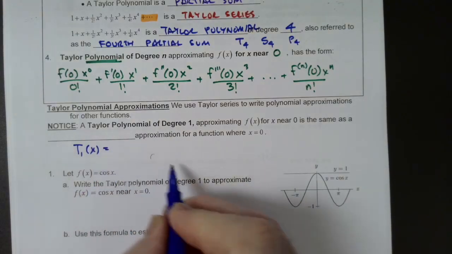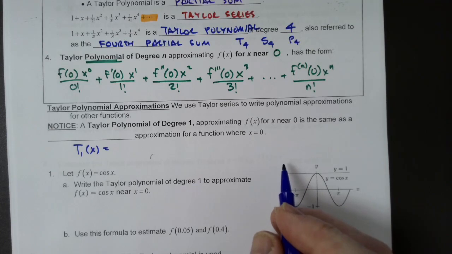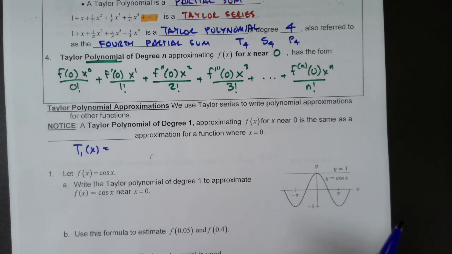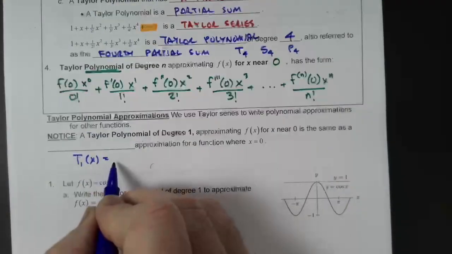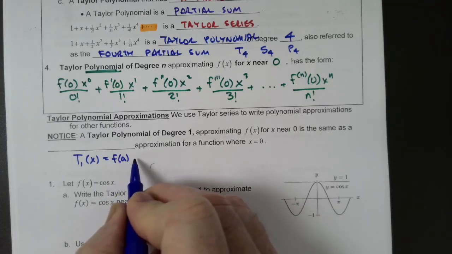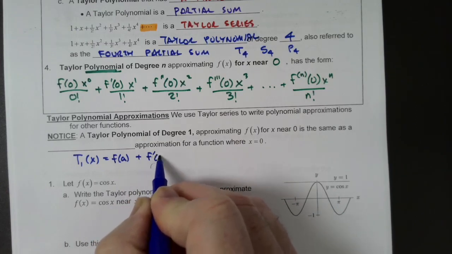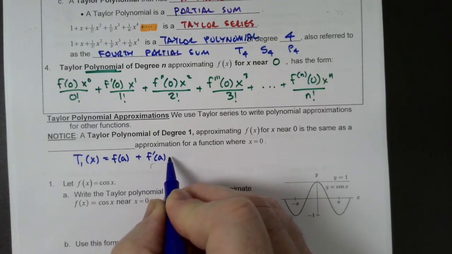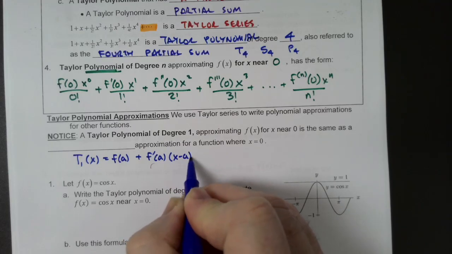Well, I want to write it two different ways. I want to write it starting with this guy up here. This would be f of a plus f prime of a times x minus a.